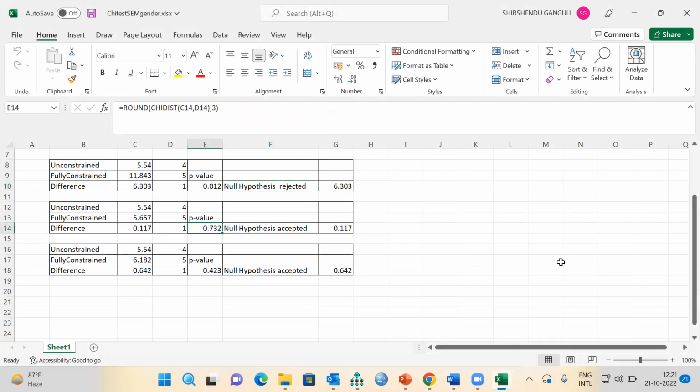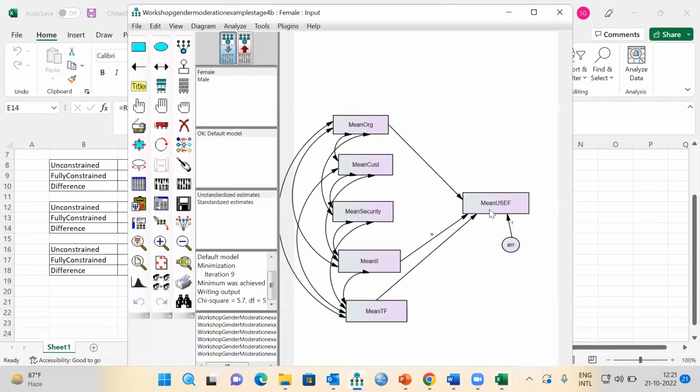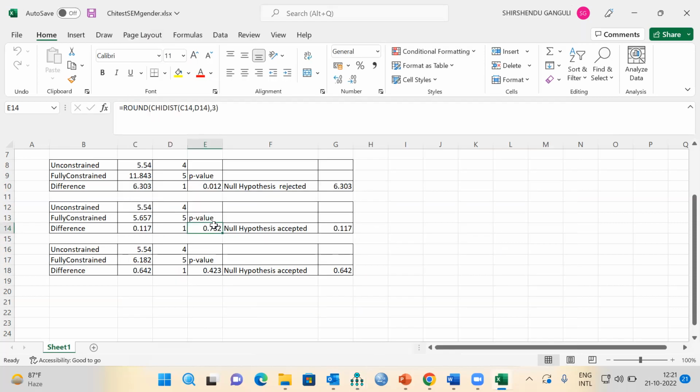Now it is not significant. For this path, that is for the second path to usefulness, the moderation effect is not there, because the chi-square test is coming as not significant. Clear?